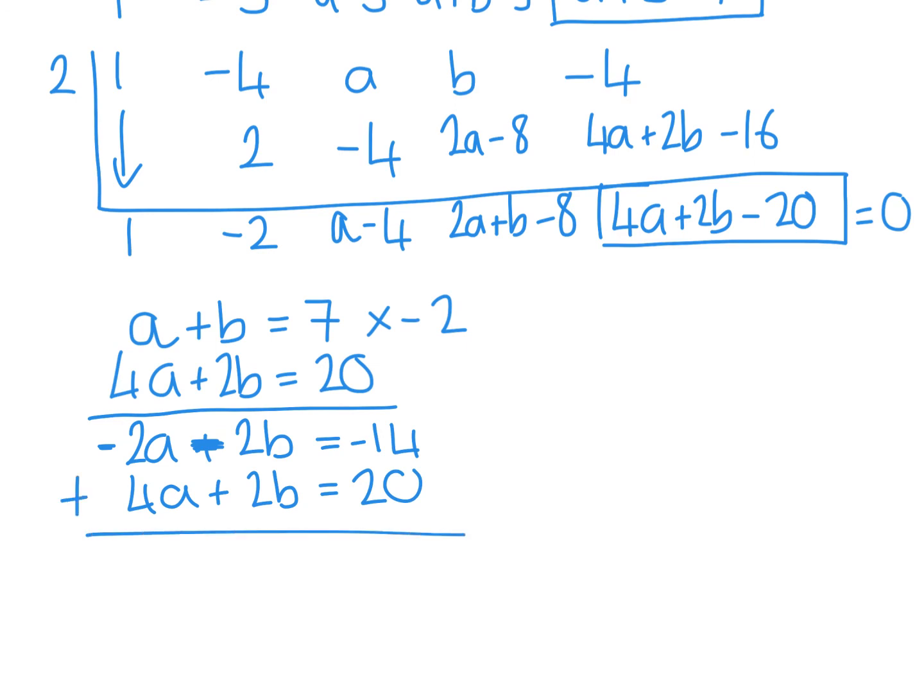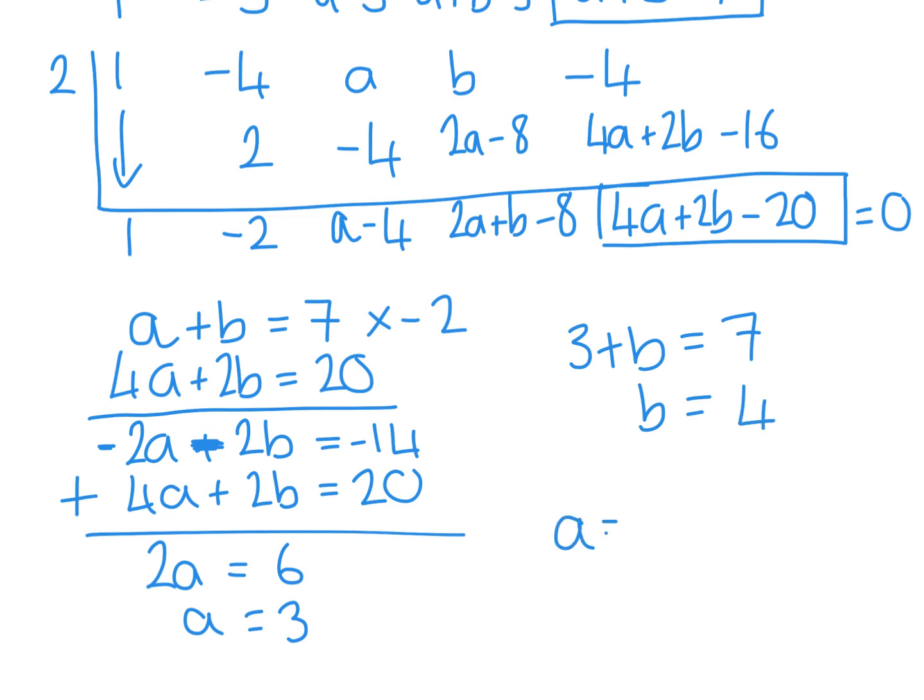Then we can add these two rows together. 4 take away 2a is 2a. The middle ones will cancel out and you get 6. So a is the number 3. And then finally, if a is 3, you've got 3 plus b equals 7. So b equals 4.